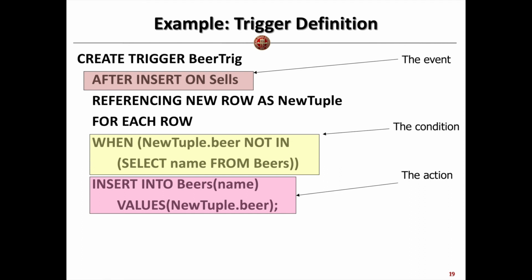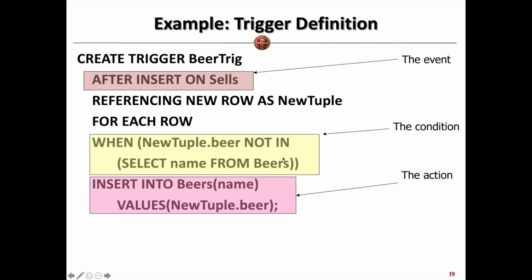So in this way, we can define a trigger for when we insert new tuples into the sales table, and we can get the new data we are inserting with the line REFERENCING NEW ROW AS new tuple. For each of these new rows, we check this condition. With the subquery, we check whether this new data's beer name, new tuple.beer, is not in the beers table right now. It's a new or unknown beer.